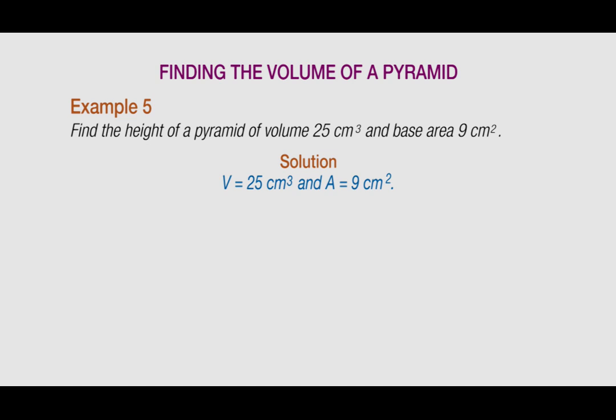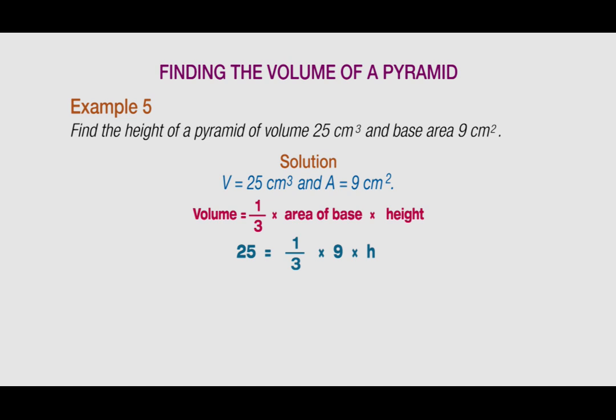Again, we pick our formula, which is the volume, which is equal to 1/3 multiplied by the area of base multiplied by the height. We have been given all the figures. We have the base area to be 9 and the volume to be 25. So we do the appropriate substitutions, and that gives us 25 equals 1/3 multiplied by 9 multiplied by h.